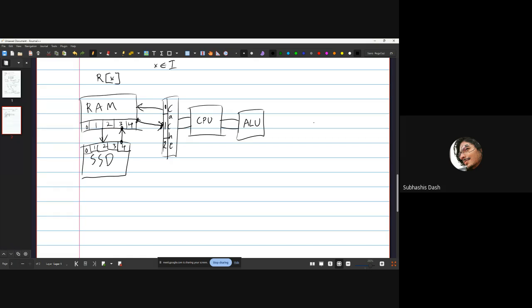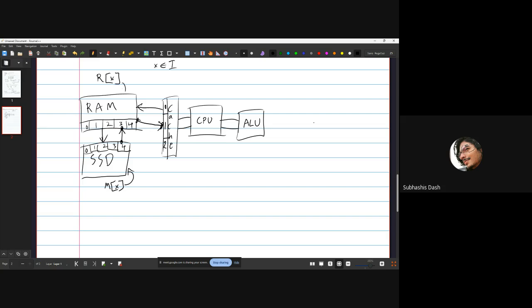So what we mean when we say M of X or R of X, it typically refers to a register location. So it may refer to this or this, but M of X almost always refers to some form of permanent storage, be it hard disk or SSD or stuff like that.